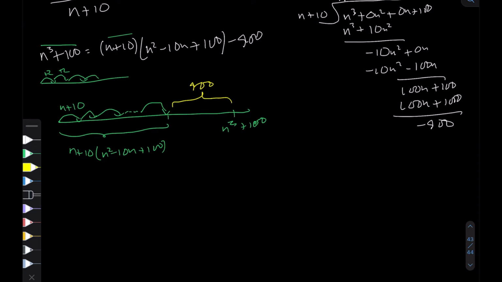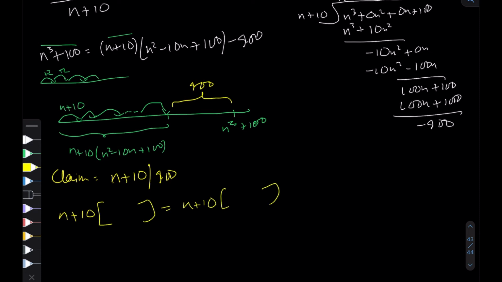Now the claim I am making here is that n plus 10 must divide 900 in order for n plus 10 to divide n cubed plus 100. If you want to see that algebraically, if n plus 10 divides n cubed plus 100, that would be n plus 10 with some integer. Now this would equal n plus 10 with this integer minus 900.